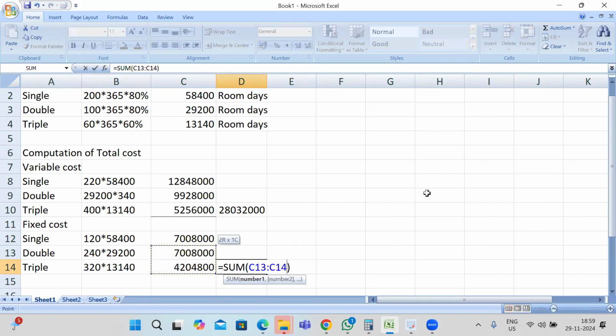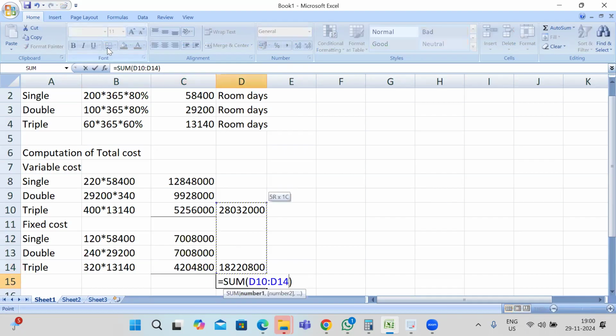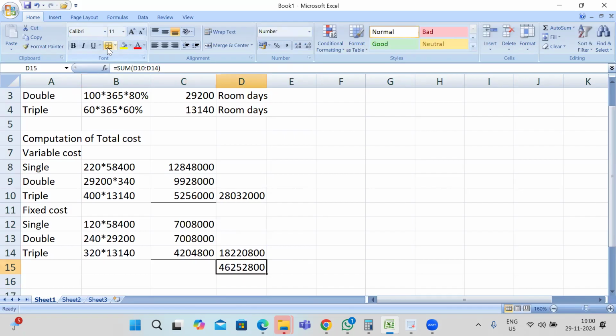So the total will be 1 crore 82 lakhs 800. So total fixed plus variable together, it is 4 crore 62 lakh 52,800, right? So we have calculated total cost now.